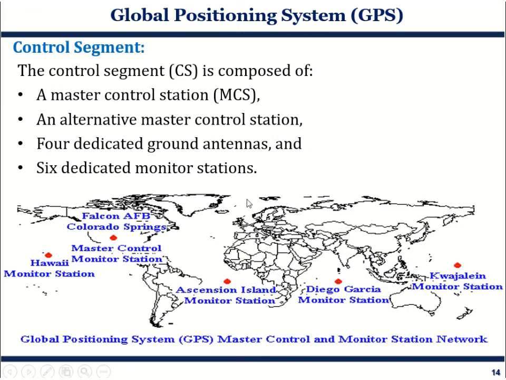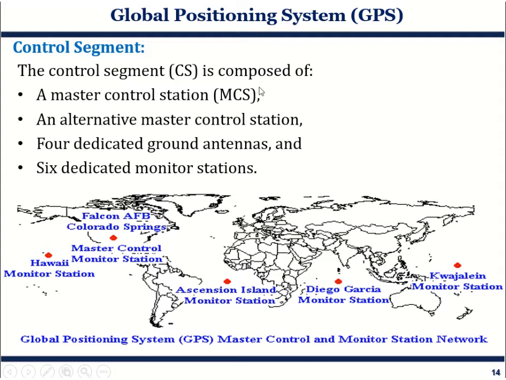Moving ahead, the next segment is the control segment. As you can understand by the term control, there are control stations set up on the Earth in order to control and monitor the activity of the space vehicles.